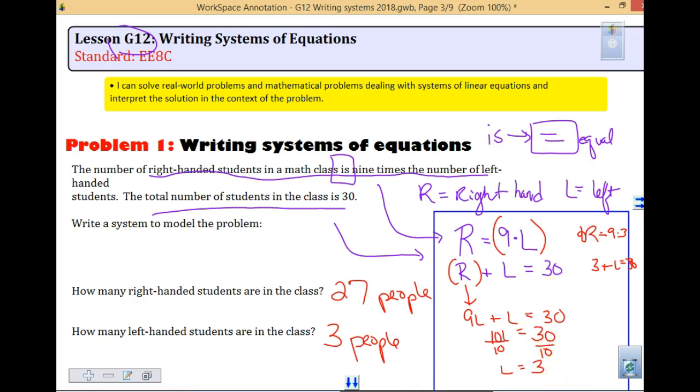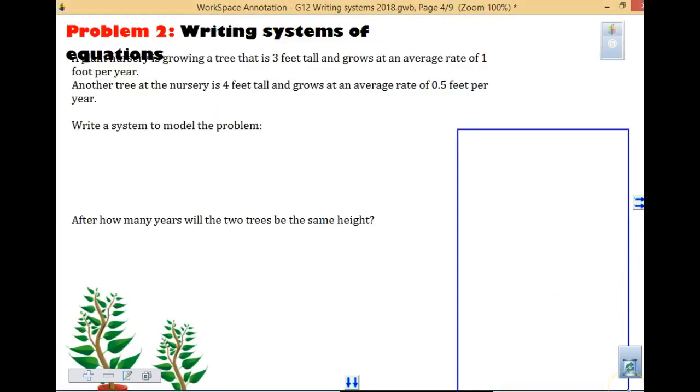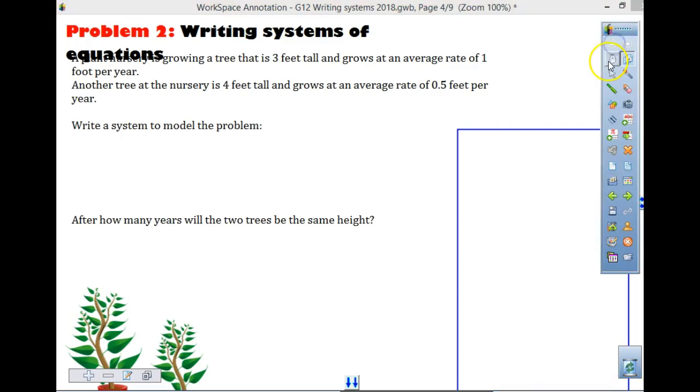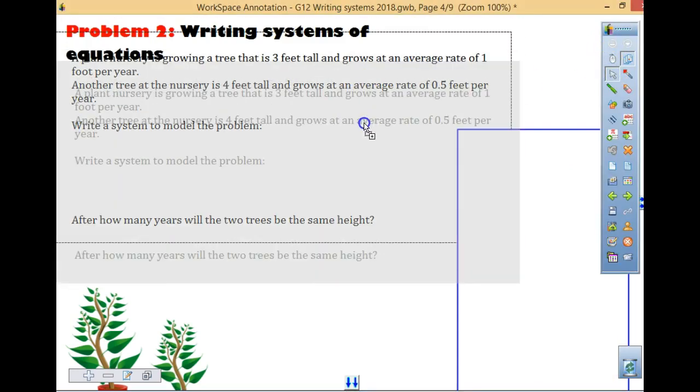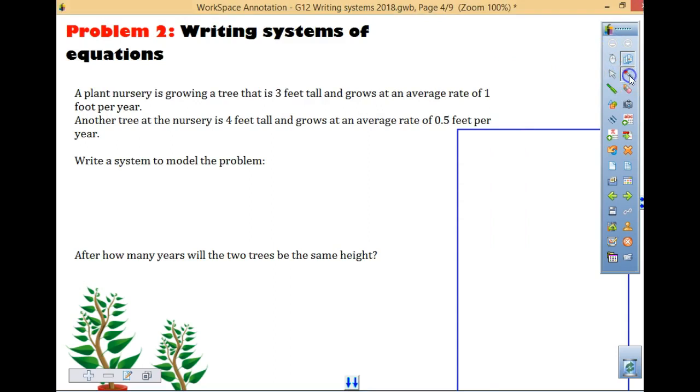So, Connor, on that next problem, would you please read about our 2 trees that we are talking about? My nursery is growing a tree that is 3 feet tall and grows at an average rate of 1 foot per year. Another tree at the nursery is 4 feet tall and grows at an average rate of half a foot per year.